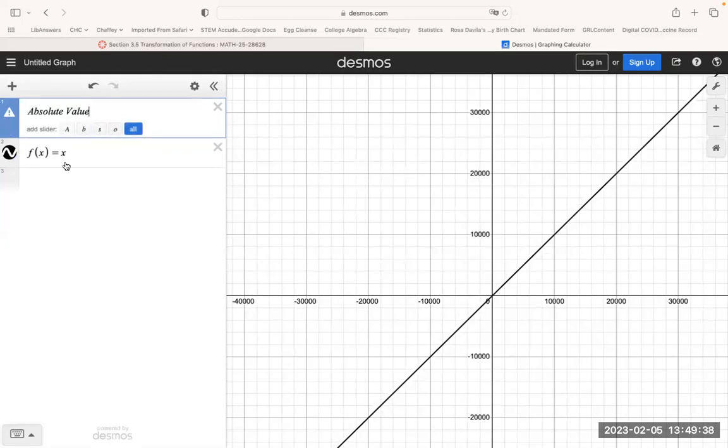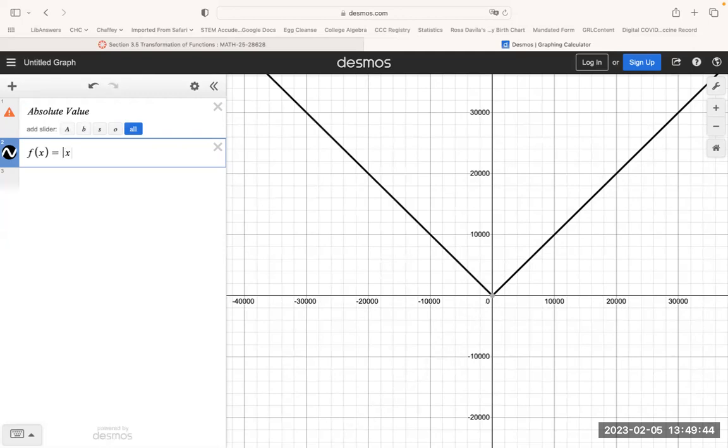So absolute value function. For this, we're going to do shift and the backslash key, and that's going to give us our little absolute value sign. And we put another absolute value sign over here on this end. For this one, we go off to negative infinity to the left side and positive infinity on the right side for our domain, all of our values of x.